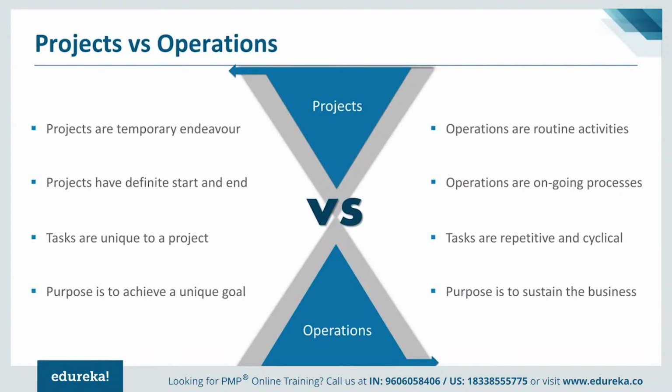Tasks are unique to a project. So every project outcome that we get is unique. When you undertake a project, you are creating an outcome which is a unique product, a unique service, or some unique result that you're producing by the end of that project. A project is also undertaken in order to achieve a unique goal. There should be some unique goal which is drafted in the beginning of the project.